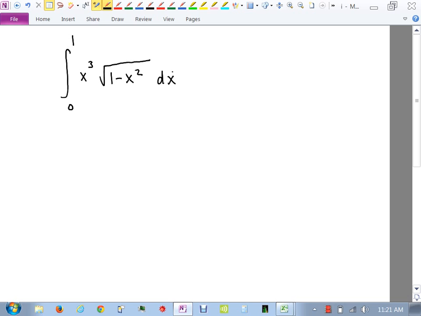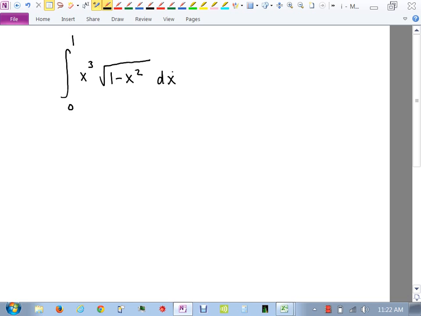Now, if I were doing this problem initially, what I would first start looking at is substitution. Like, is there a substitution I could make? You know, if I let 1 minus x squared be u, what's the derivative of that? Negative 2x, and you have it negative 2x there.